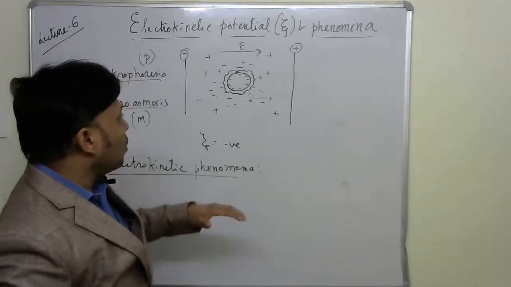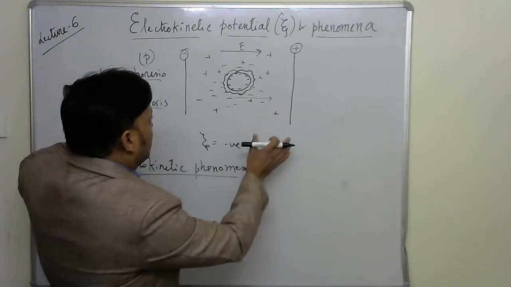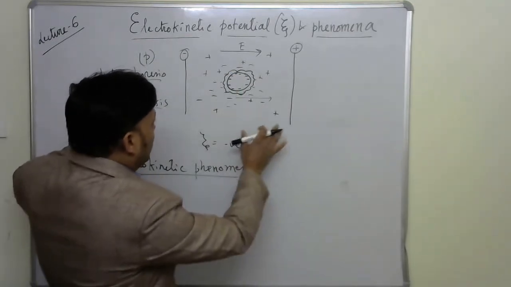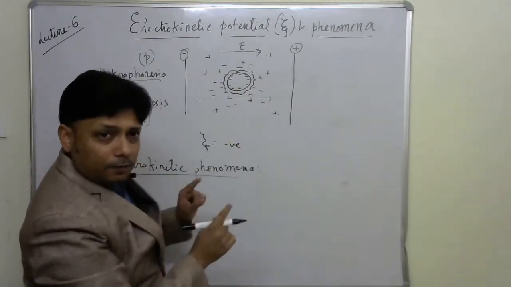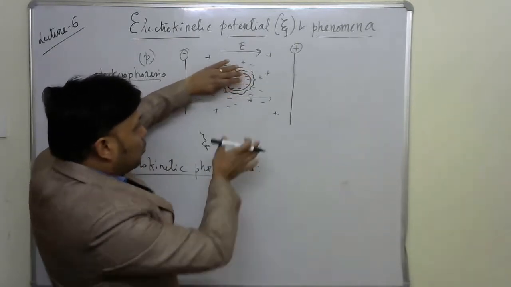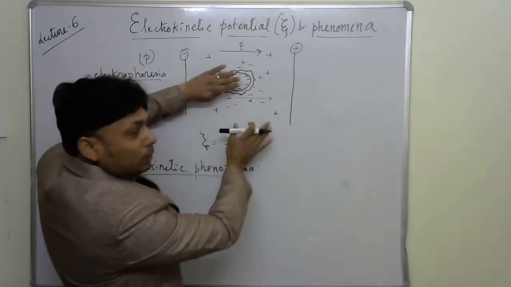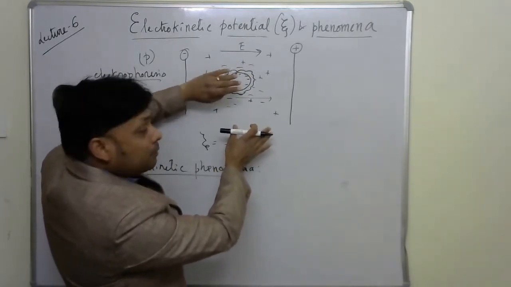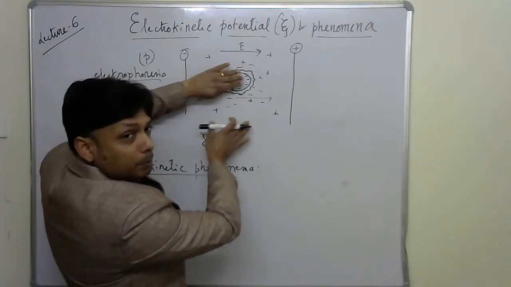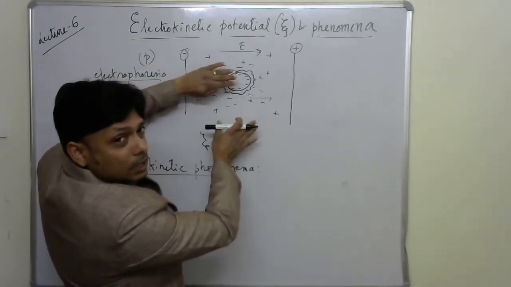But it also happens that this is the charged particle and this is the electrolytic medium. If somehow the charged particle is made to move with respect to the medium, or the medium is made to move with respect to the charged particle, means the charged particle remains stationary and the medium moves, or the charged particle moves and the medium stays stationary.